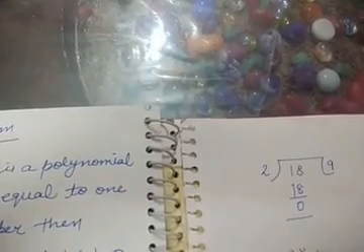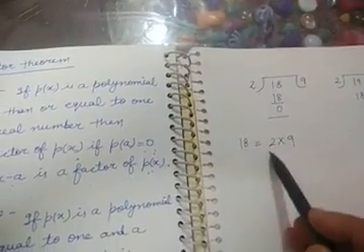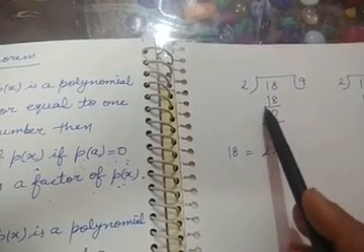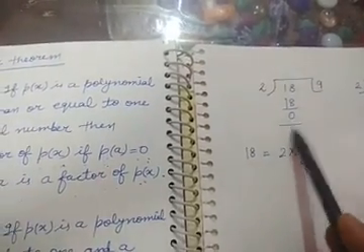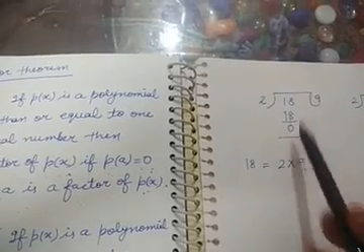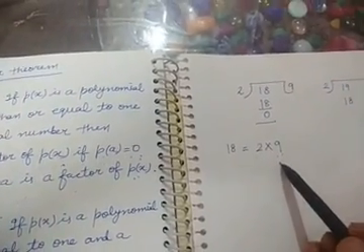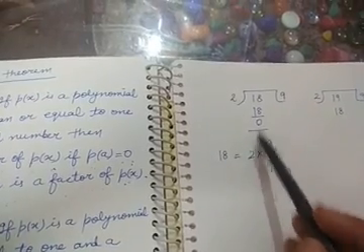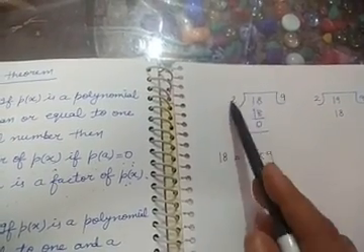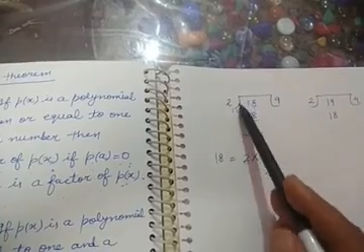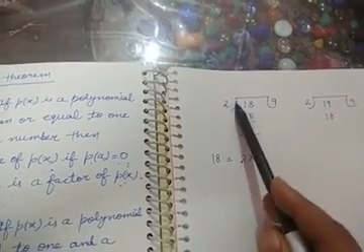We can write 18 is equal to 2 multiplied by 9. That means if we are getting remainder 0, then 2 and 9 both are its factors. If remainder is 0, then the divisor is a factor of this number.